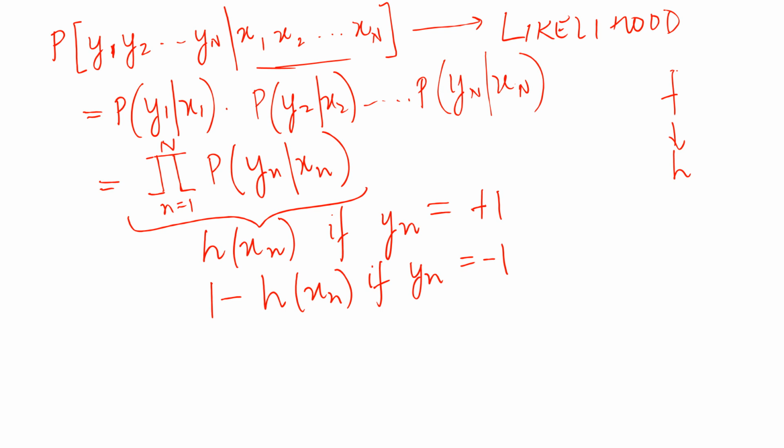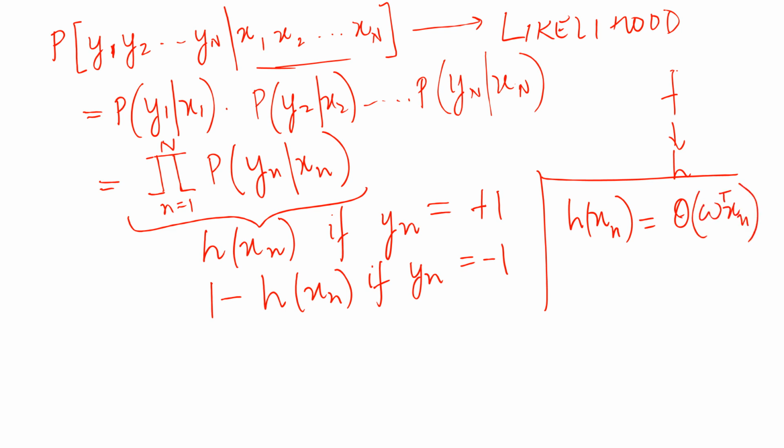Well, we know from earlier that h(x_n), because we are using this sigmoid function, is theta of w transpose x_n. And we also know that 1 minus h(x_n) would be 1 minus theta of w transpose x_n.